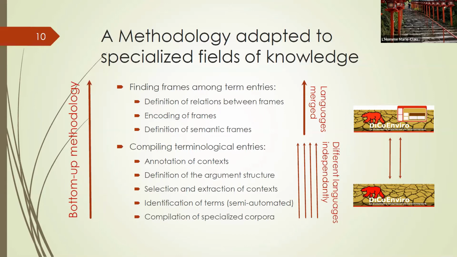Now, the last 3 steps are concerned with finding frames and defining them. And when we reach these steps, we can work on 1 or 2 languages at the same time. Once these frames are defined, they are encoded in a resource called Frame Zico Enviro, and these 2 resources are linked, so we can go from one to the other.